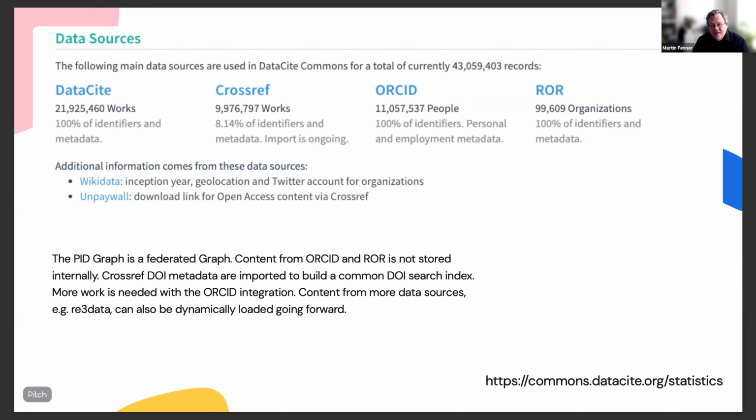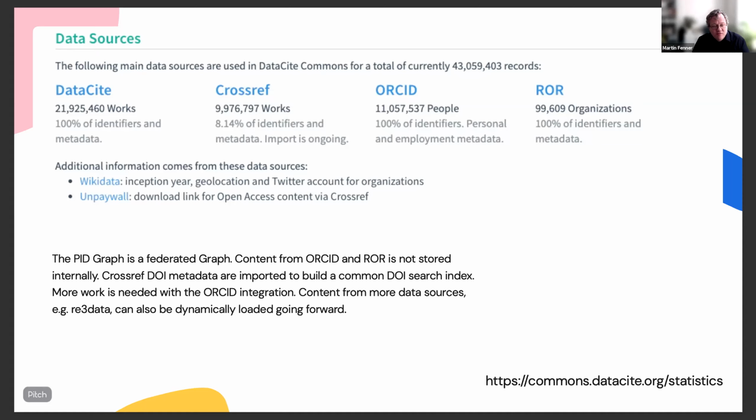In the case of ORCID, it's 100% of the identifiers, but the metadata is a subset, and that's mainly because it's quite difficult to get them out of the REST API. And with Crossref, which has a much larger number of DOIs, it's close to 10% of DOIs. The total number is about 120 million.